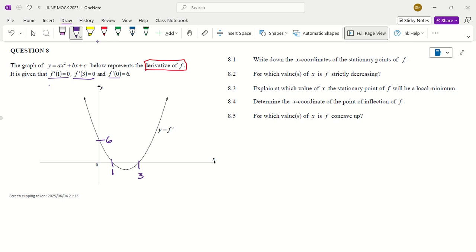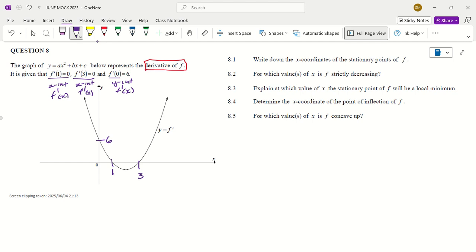This gives us an x-intercept of the derivative, and then this gives us another x-intercept of the derivative, and then this gives us the y-intercept of the derivative, not of the function. The derivative in and of itself is a function, so it's the function of the gradient.